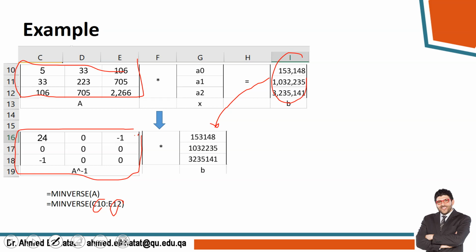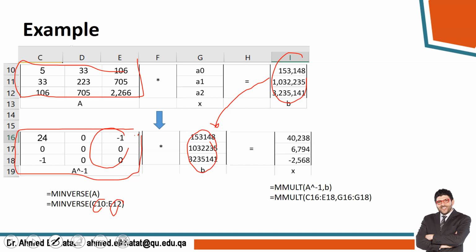Then I can use MMULT to multiply this one and this one. So in MMULT I want to multiply the inverse of A and B, so it will be two parts. First part of the matrix, and comma, we have the second part, the B, so this is my result.